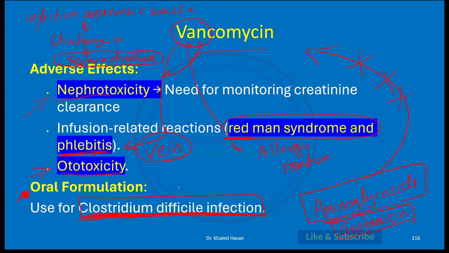So the treatment here for patients with Clostridium difficile is not vancomycin. Vancomycin is not the first choice. The first choice for pseudomembranous colitis will be metronidazole. The second choice will be vancomycin orally. So we have two choices here for patients with Clostridium difficile or pseudomembranous colitis: metronidazole, then vancomycin.